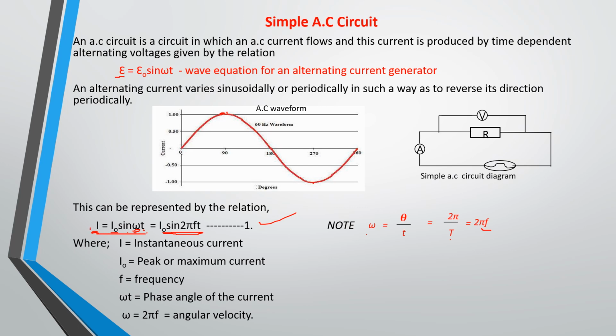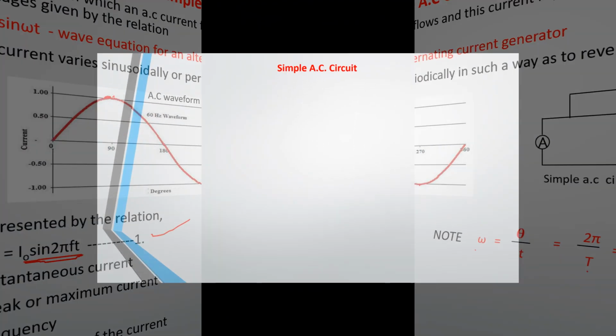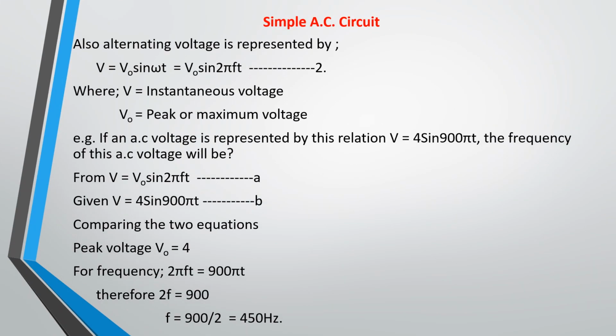All right, fine. Similarly, we'll also look at the wave equation for alternating voltage. Just as we have for alternating current, that is also what we have for alternating voltage.